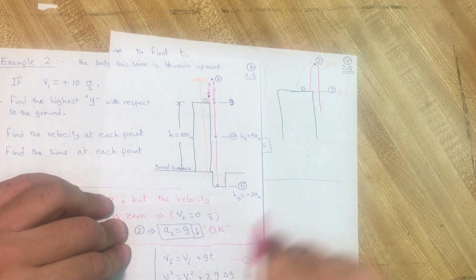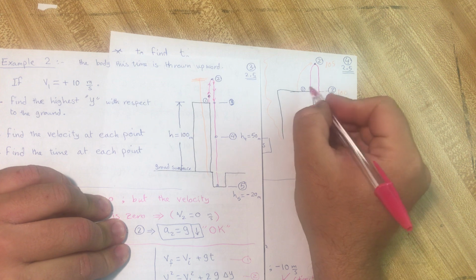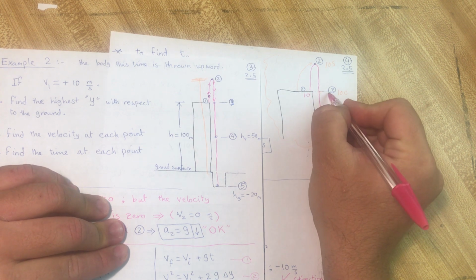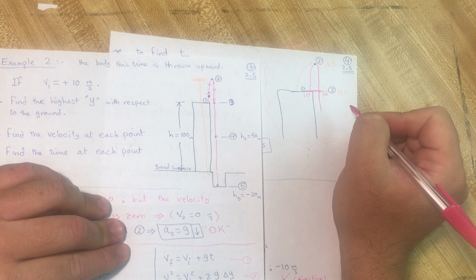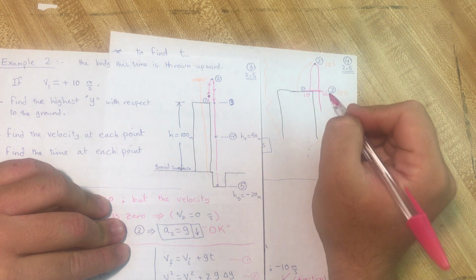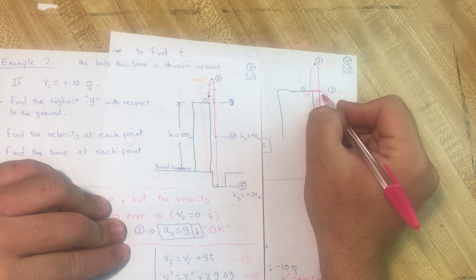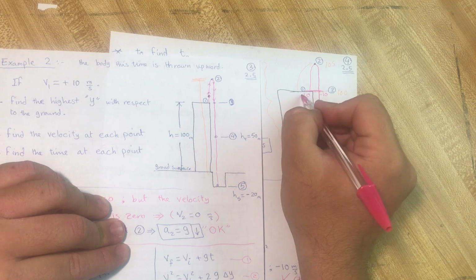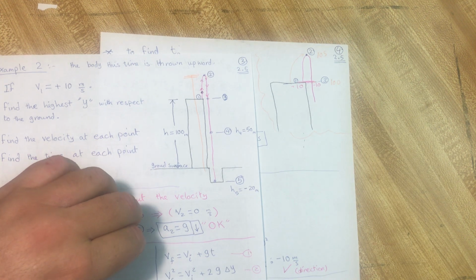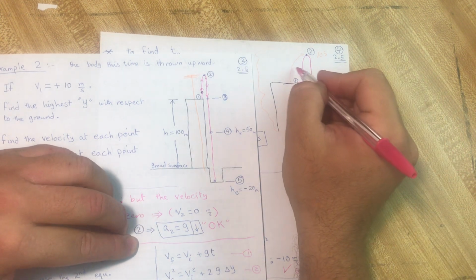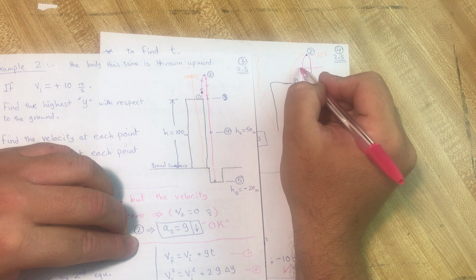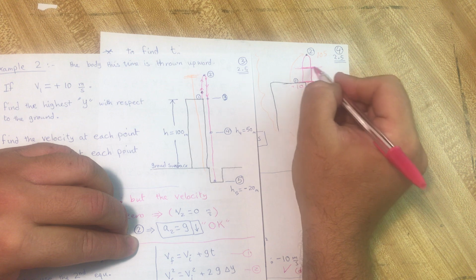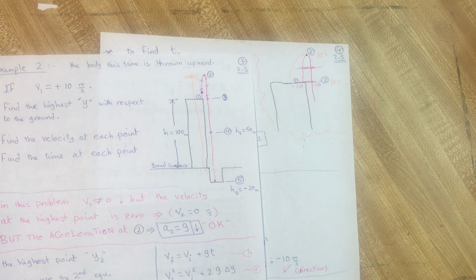The speed without any direction is 10 at the same height. If we talk about the velocity, we need to put the direction. The direction is negative here and positive here. You can also find the velocity at this point, and you find that the speed here is equal to the speed here. The same. We will see that when we discuss the projectile motion.